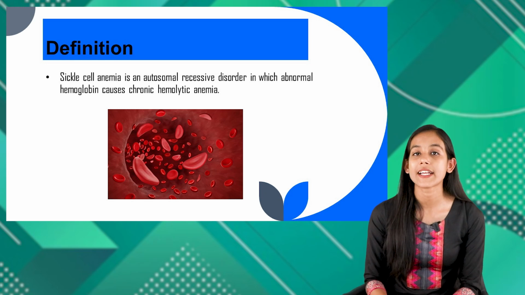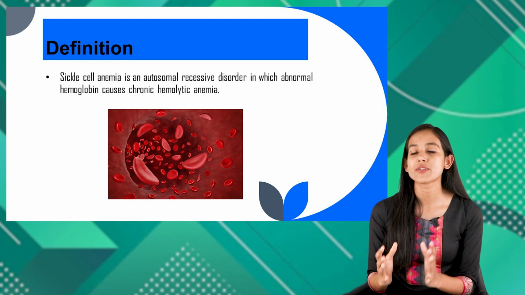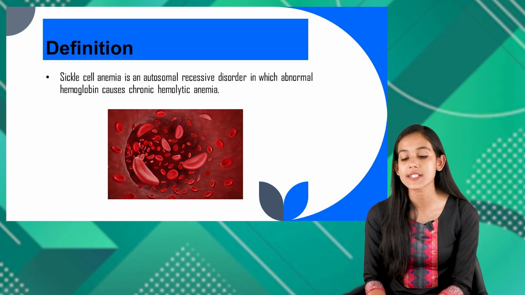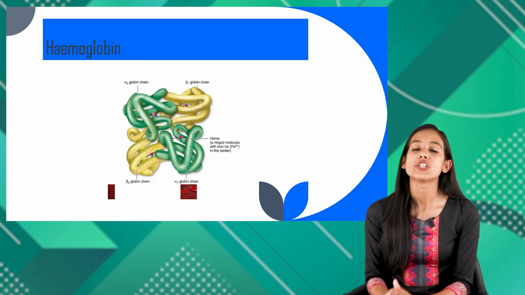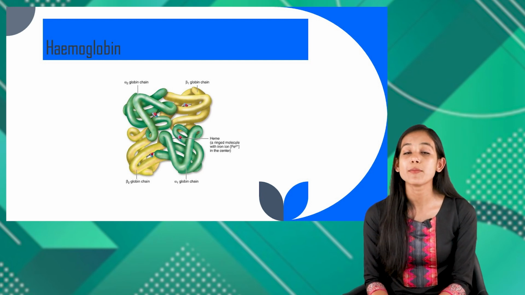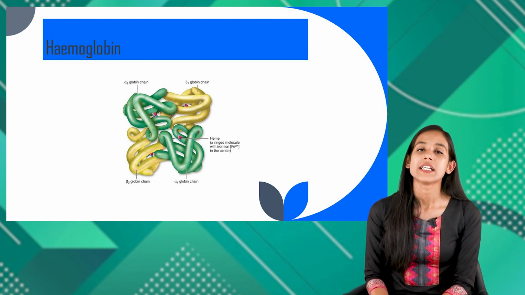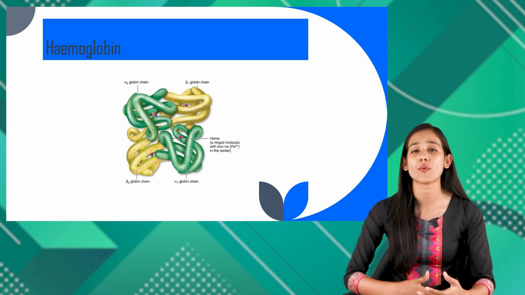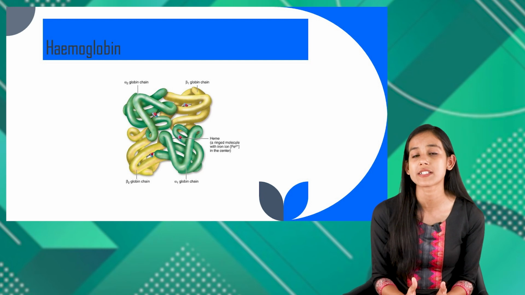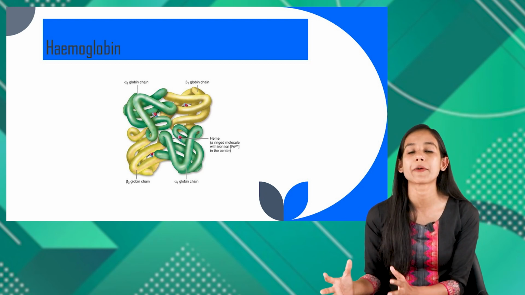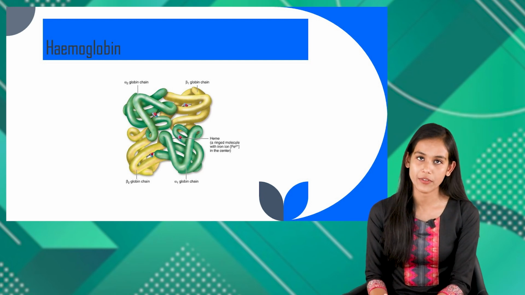So sickle cell anemia is an autosomal recessive disorder in which abnormal hemoglobin causes hemolytic anemia, right? Now, to understand what is abnormal hemoglobin, or what kind of hemoglobin would be present in sickle cell anemia, let us learn a bit about the structure of hemoglobin.